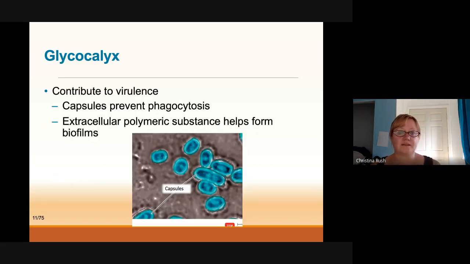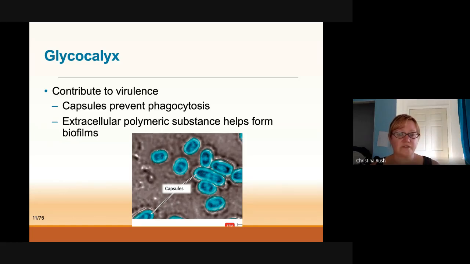The glycocalyces can contribute to virulence, where the capsules will prevent phagocytosis. Phagocytosis is the engulfment of a bacterial cell by an immune cell. We do have 2 chapters on immunity, so we're going to be talking a lot more about phagocytosis coming up in a couple of weeks from here.